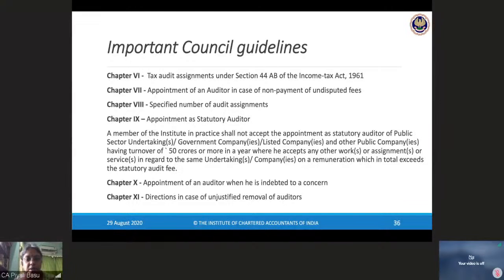Last one, directions in case of unjustified removal of auditors.